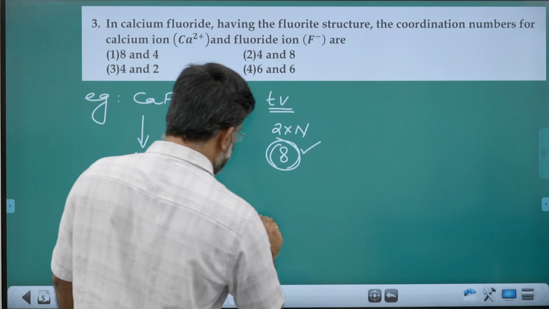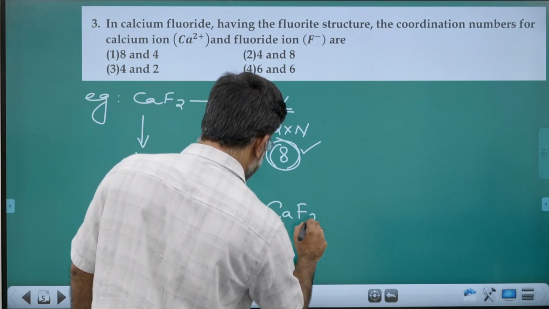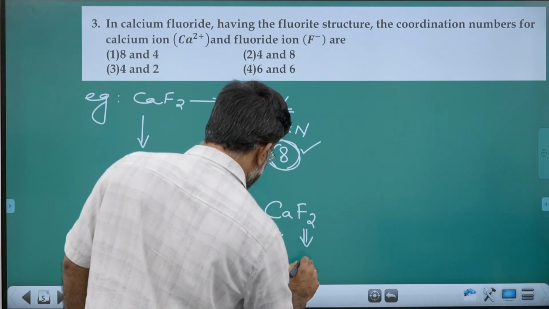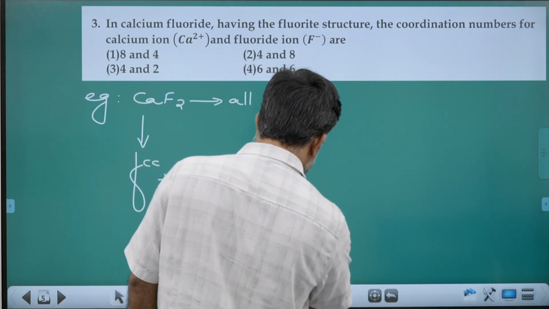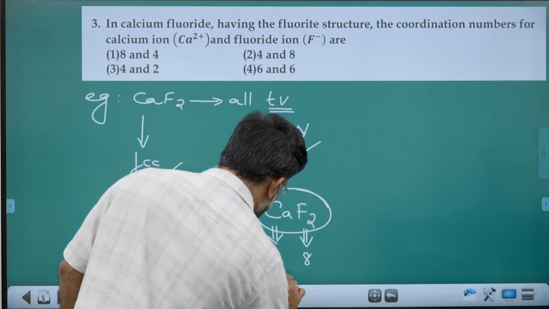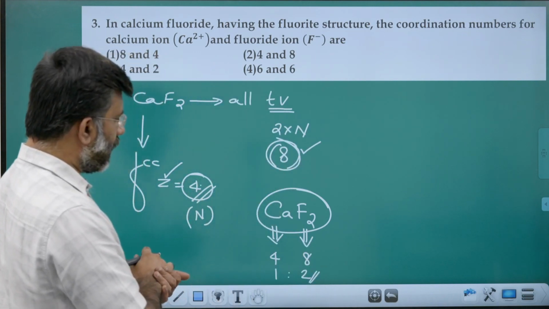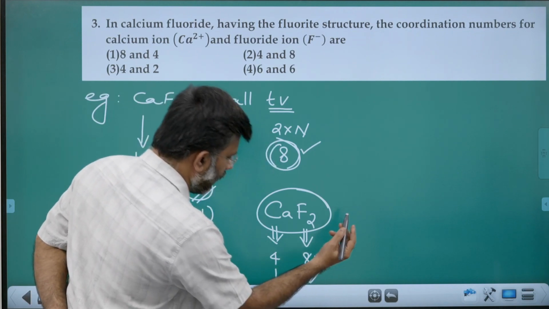So what is the coordination number? CaF2. There are 4 calcium and there are 8 fluorine, and that's how the formula comes out to be CaF2, 1:2. Now, each calcium surrounded by 8 fluorine.